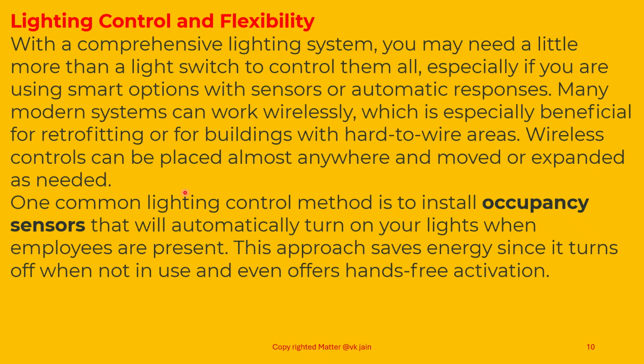Wireless control can also be placed almost anywhere and moved or expanded as needed. One common lighting control method is to install occupancy sensors that will automatically turn on your lights when employees are present. This approach saves energy since it turns off when not in use and even offers hands-free activation.